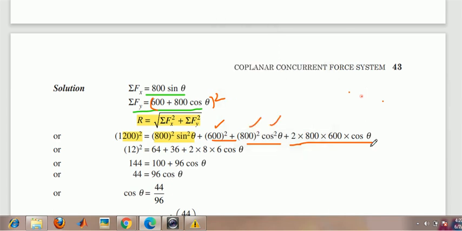Among these two you just take sin square and cos square common, that is 800 square sin square theta, 800 square cos square theta. Just take the 800 square common and it will become sin square theta plus cos square theta, and it is 1.